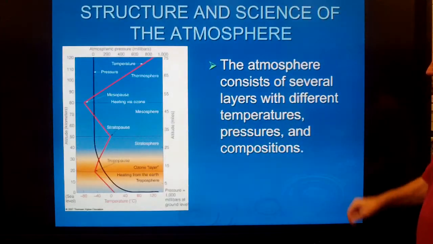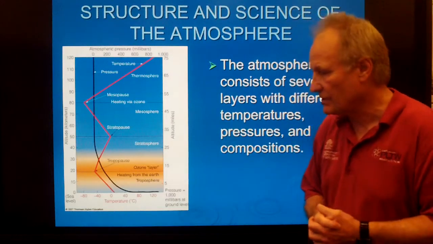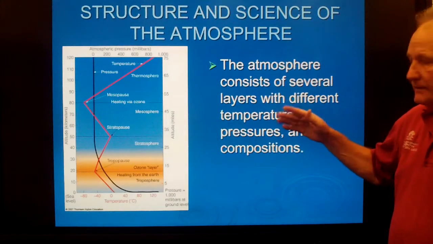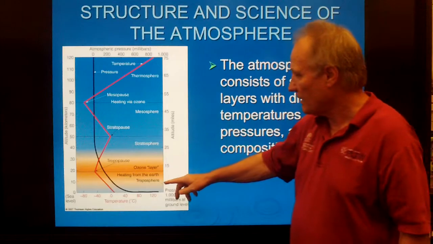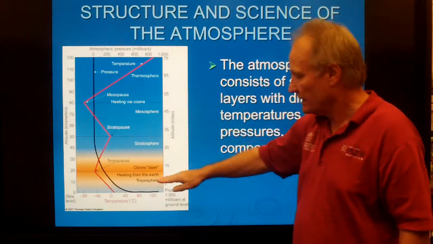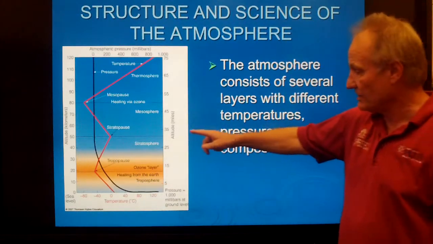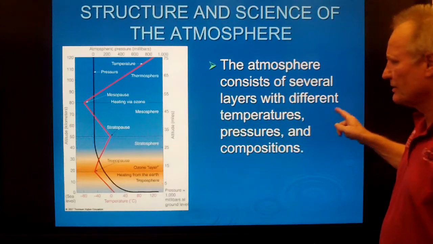Okay, now let's look at the layers in the atmosphere for just a second. There are four major layers: the troposphere, the stratosphere, the mesosphere, and the thermosphere. The bottom one, which we live in, is the troposphere. The one above us is the stratosphere, then the mesosphere, and then the thermosphere at the top.